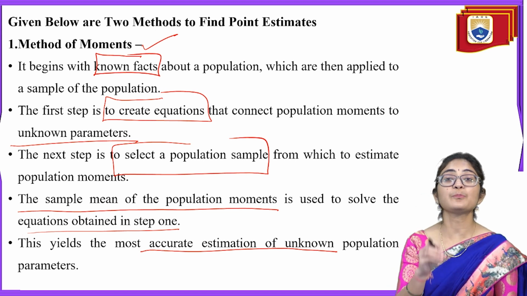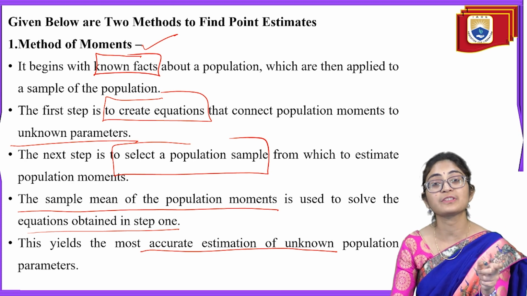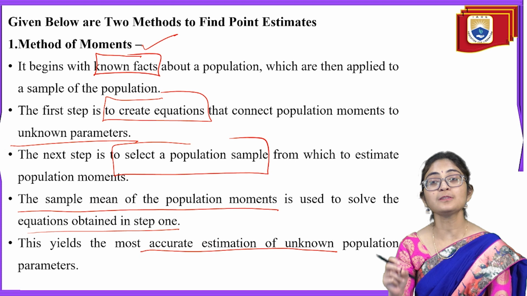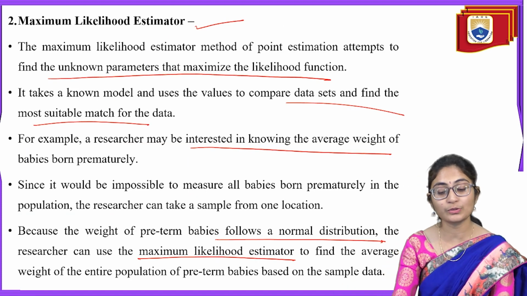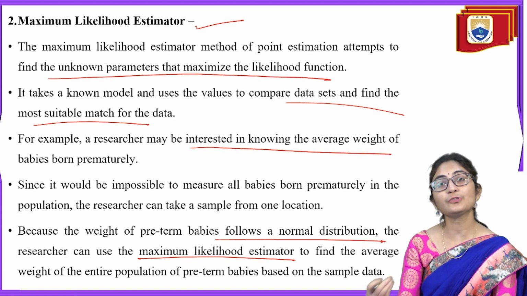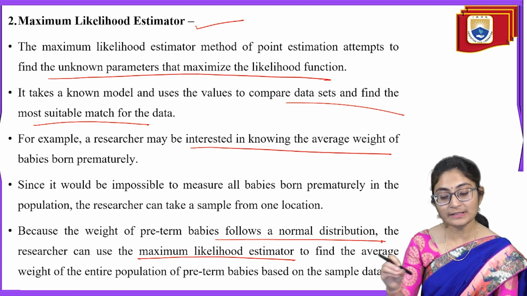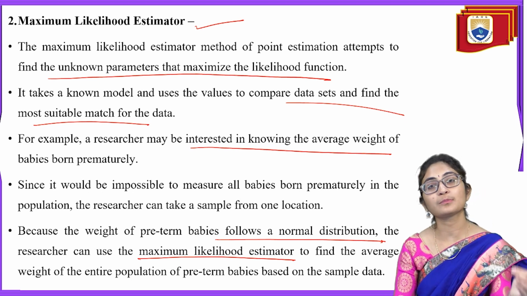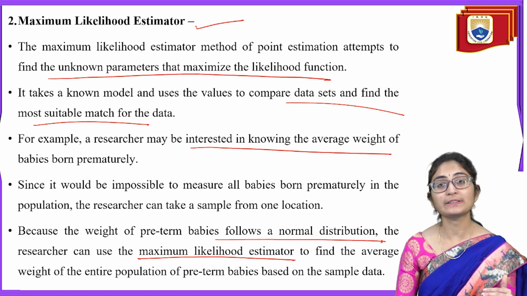Then we select the population sample, and after selecting it, we solve the equations and get the particular value for the unknown population parameter. And in the maximum likelihood estimator, your parameters are chosen by maximizing the likelihood function, and here you can also use the normal distribution, so you will get the particular point estimate.